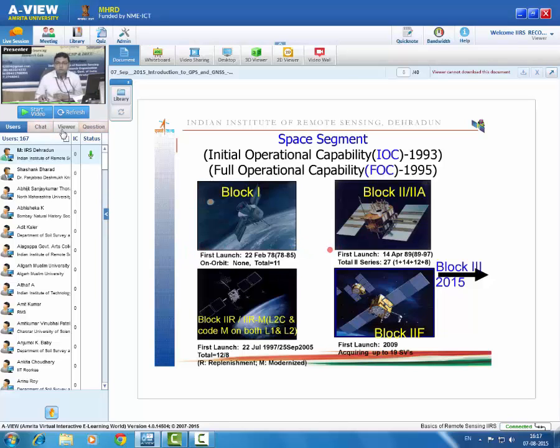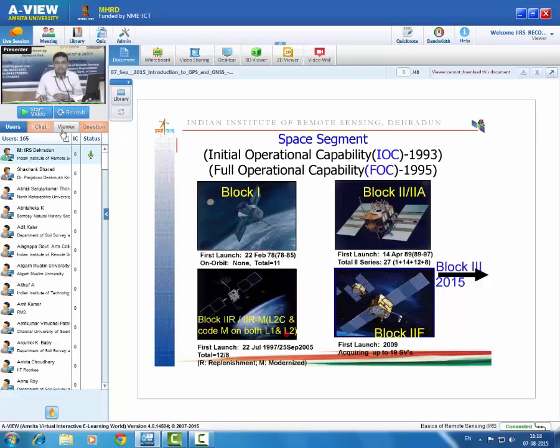Block 2 actually has multiple series within it because of the incorporation of different technologies. Block 2 and 2A satellites were launched between 1989 and 1997. The first launch was on 14th April 1989. Then block 2R and 2RM were launched with new frequencies like L2C and code M on both L1 and L2 frequencies.